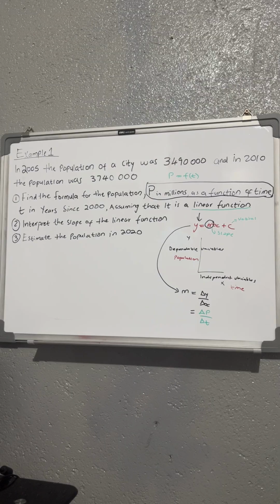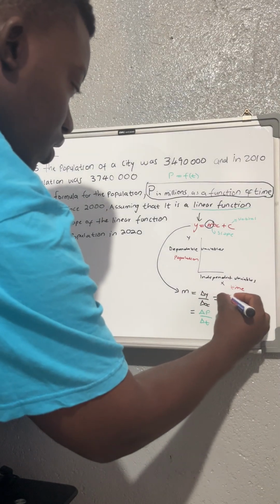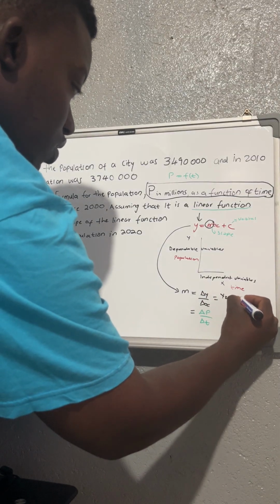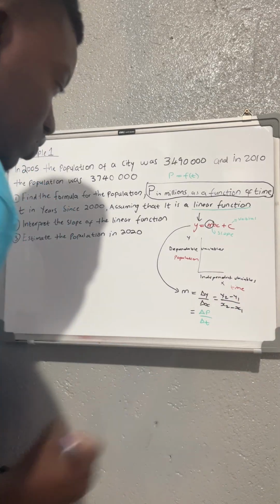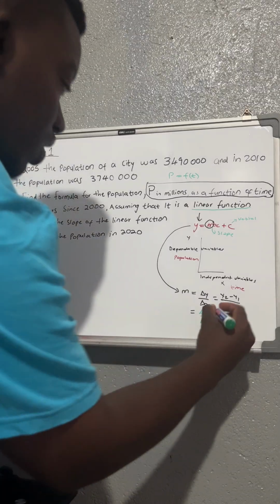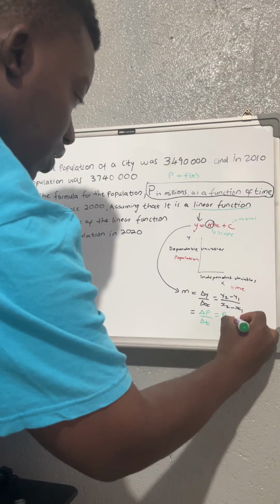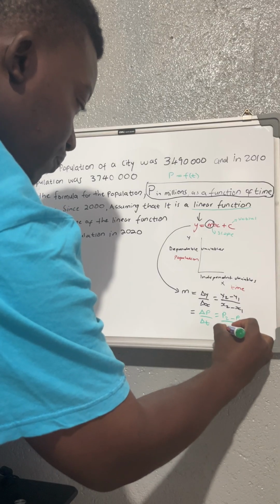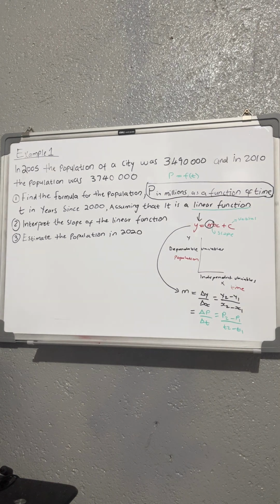So that's how you work it out. If we're going to write this further, we're going to write y2 minus y1 over x2 minus x1. Then for this one, we are going to write P2 minus P1 over T2 minus T1. So that's basically the interpretation for that part.